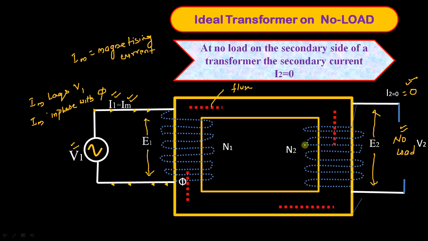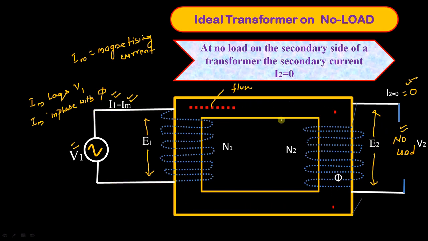Now, according to Lenz's law, the induced EMF always opposes the cause of producing it. In this case, the cause is V1. Due to V1 only, E1 and E2 are induced in the primary and the secondary of the transformer.